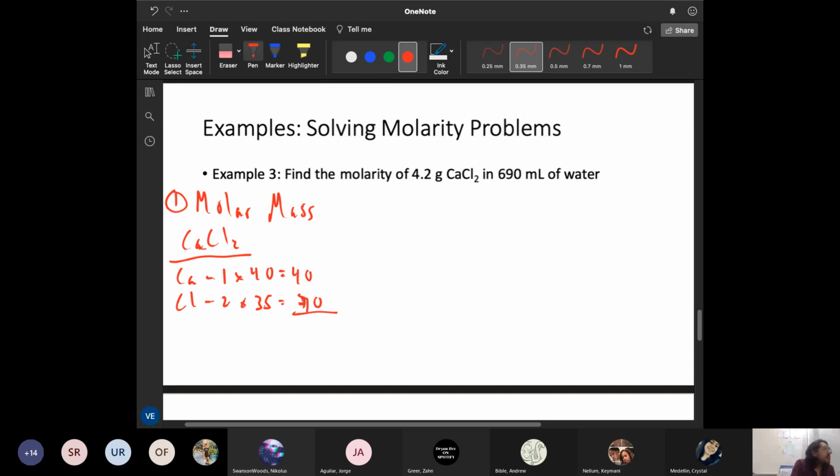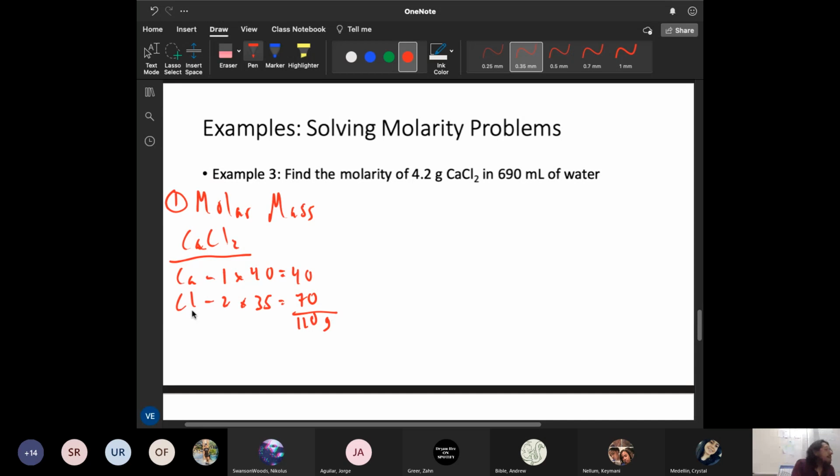Add these two up, and that's an ugly number. And you get 110 grams as your molar mass. Okay?